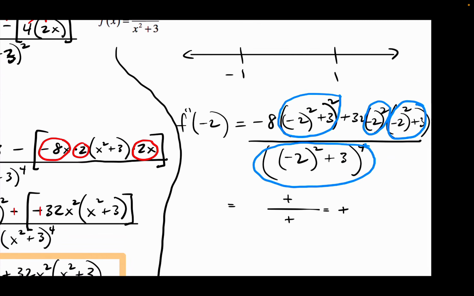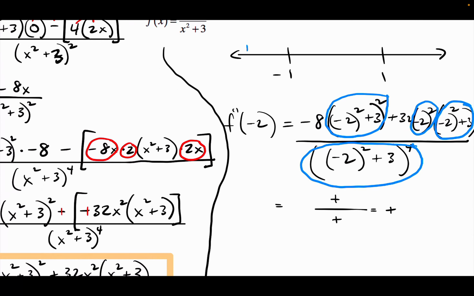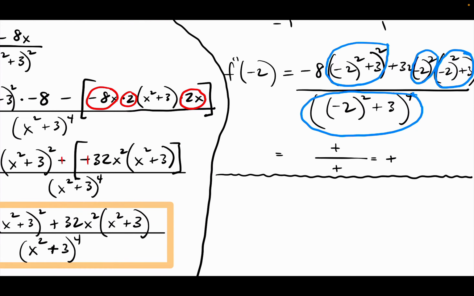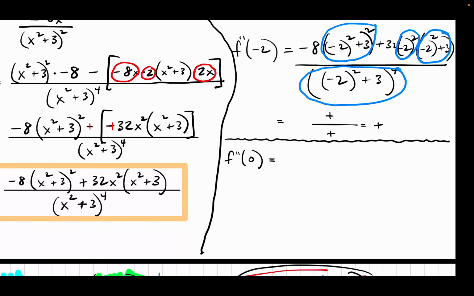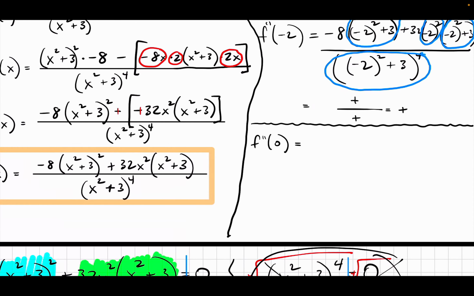So that means we're going to get a positive number. Zero. Well, 0 cancels a lot of things out, hopefully. When you're doing mental math, it's nice because you don't have to write down much. But you got to be able to do mental math.